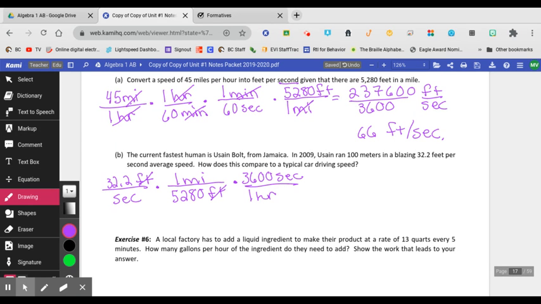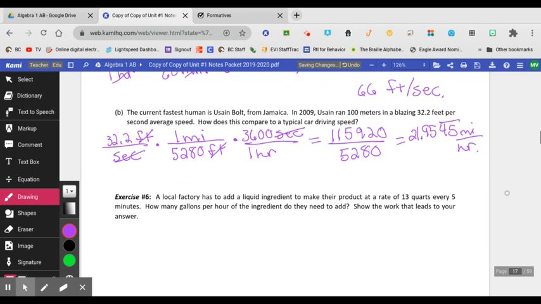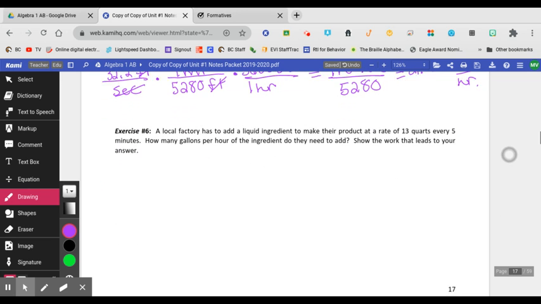And I put seconds in the numerator, hours in the denominator, so that my seconds divide out. Now I multiply my numerator, so 32.2 times 3,600 gives me 115,920 over 5,280. And then I'm going to divide that. And my answer is 21.954545, repeating, miles per hour. So Usain Bolt would run faster than you're supposed to drive in front of the school.